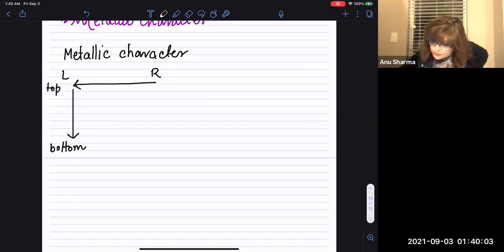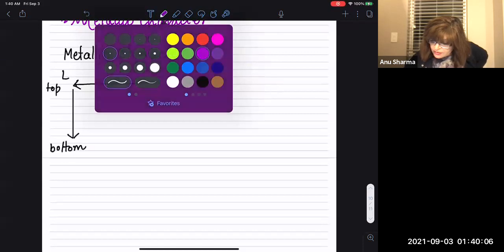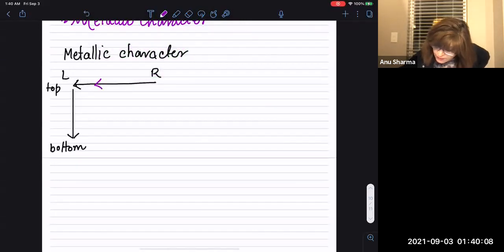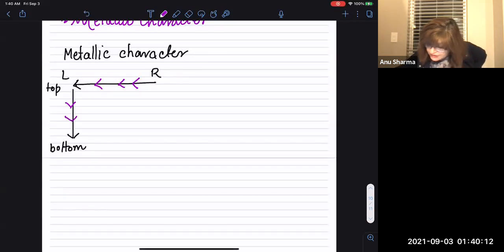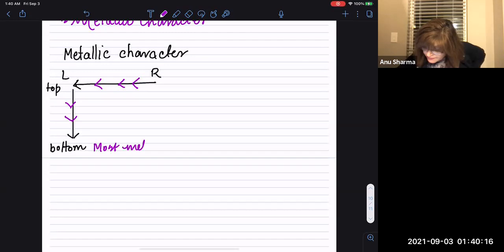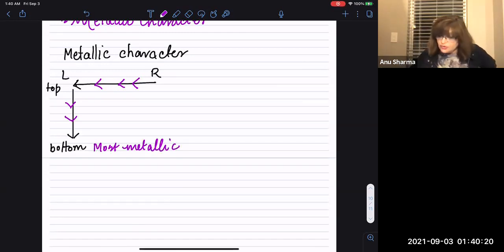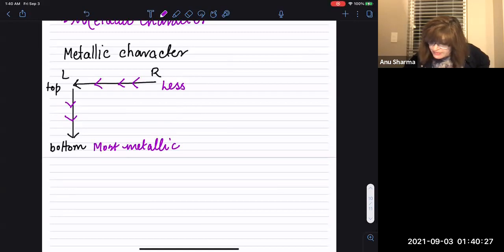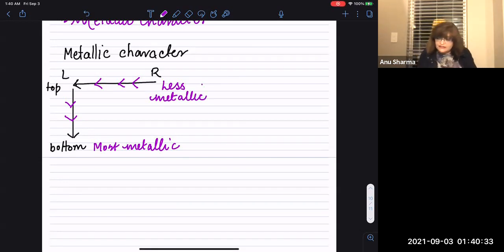So as you move, see the direction of the arrow. As you move from left to right and from top to bottom, this piece is going to be the most metallic. And anything on this side of the periodic table is less metallic. All right, and everything else is in between.